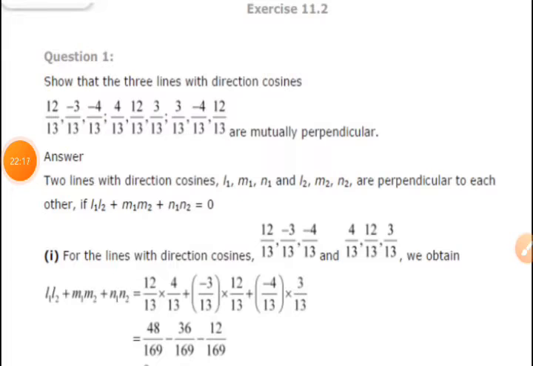Now we are going to discuss exercise 11.2. Question number 1.